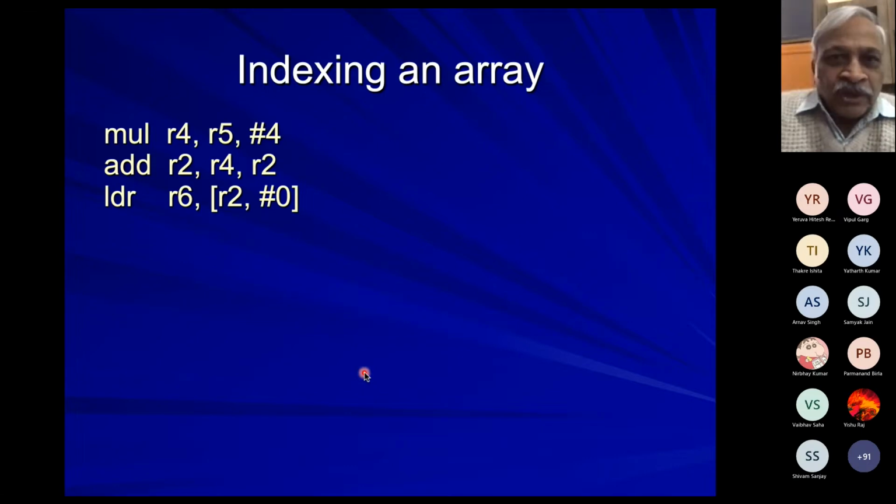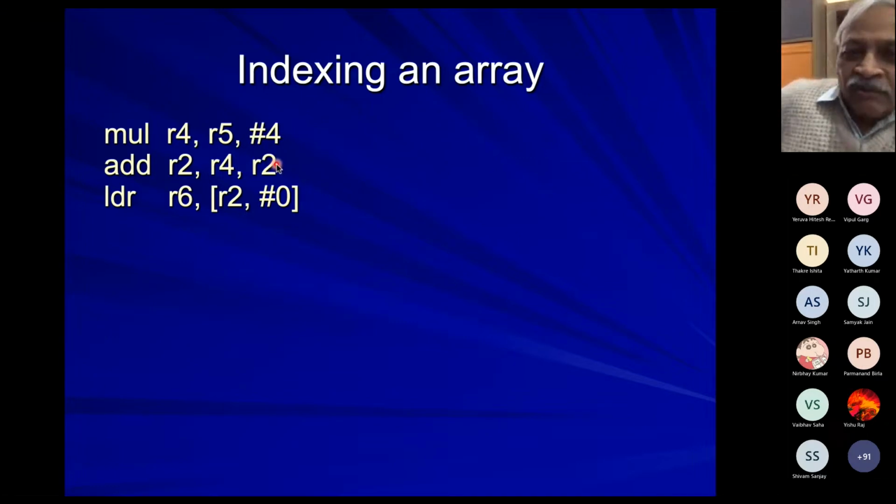Here I'm showing an example of indexing an array. R2 is holding the base of the array, the starting point of the array, and R5 is the index. So you multiply the index by 4.